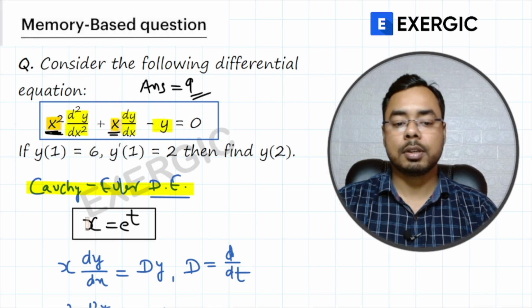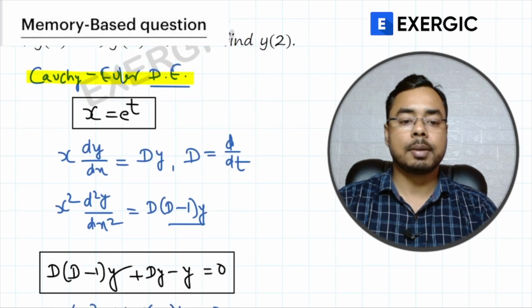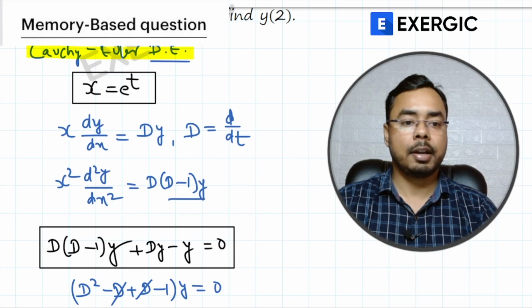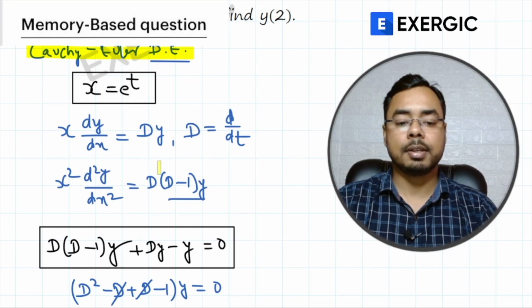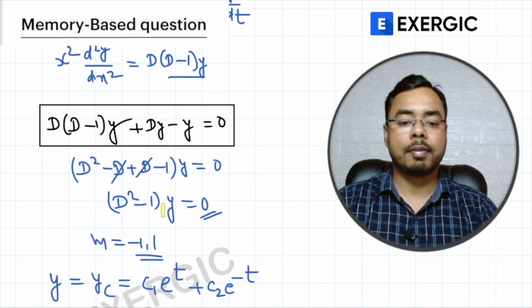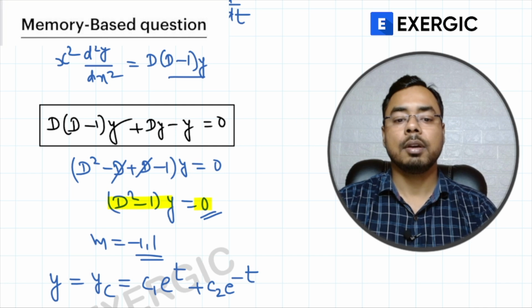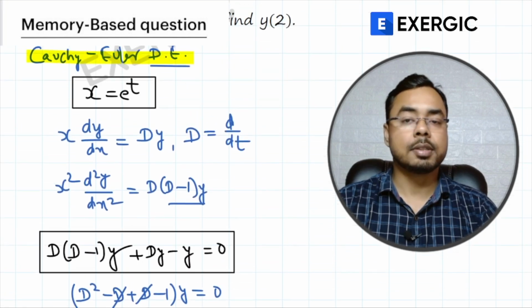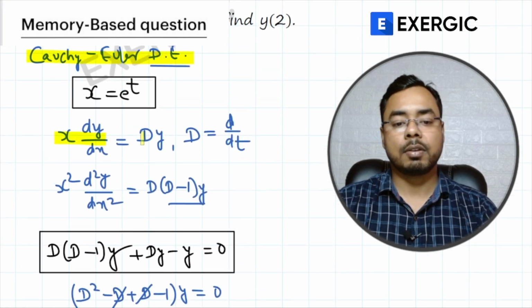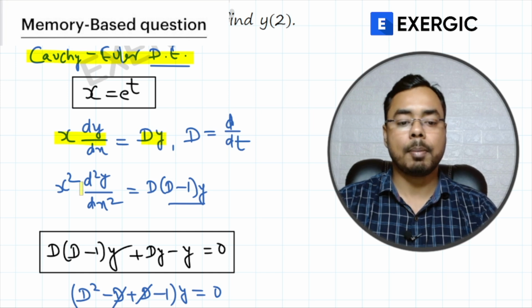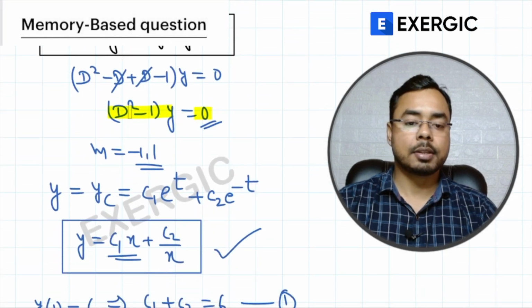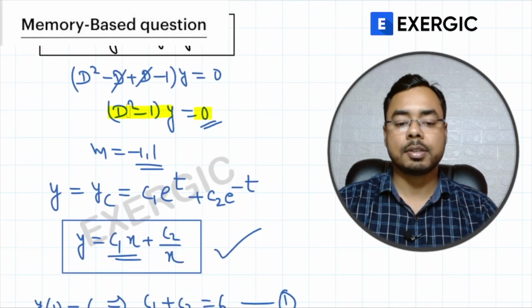This means we have to do the substitution x equals e to the power t, and once you do that substitution, a differential equation with variable coefficients is reduced to a differential equation with constant coefficients, right? And it is very easy to solve a differential equation with constant coefficients. Also, in place of x dy by dx, you have to write capital D y, and this will be D minus 1 y, right?